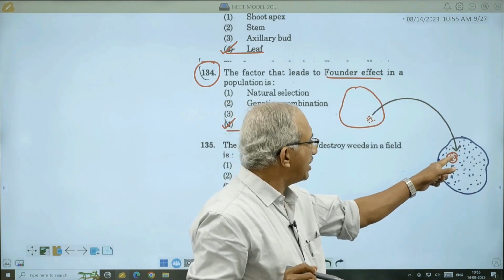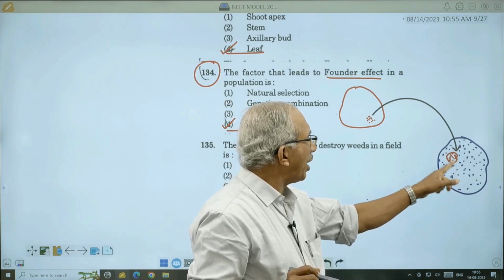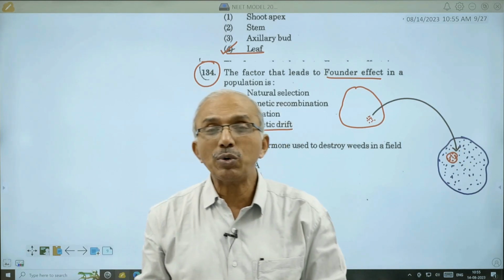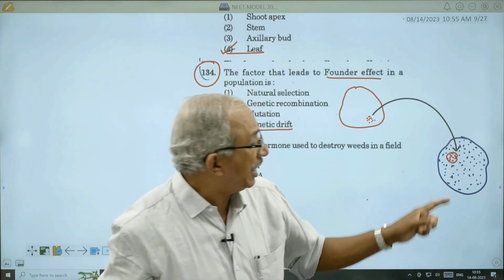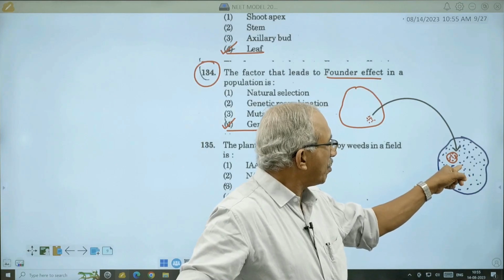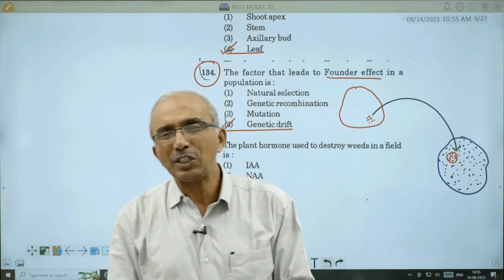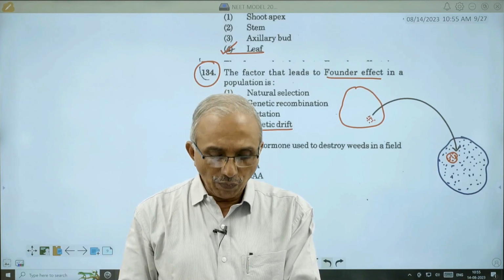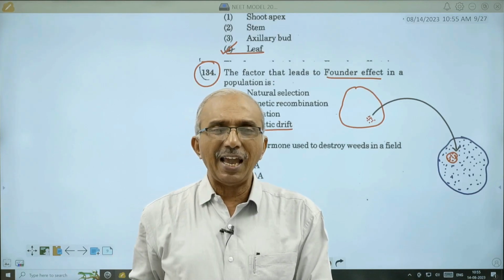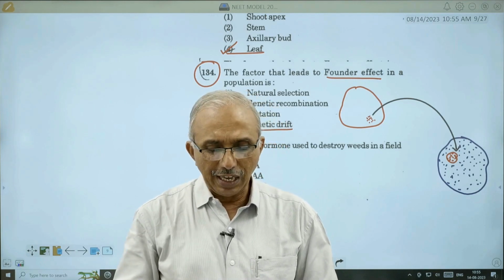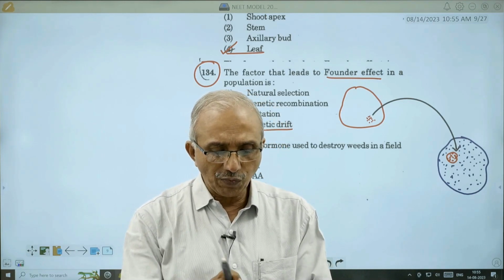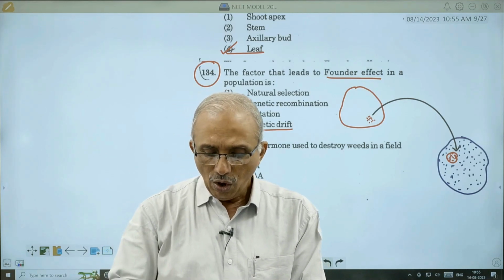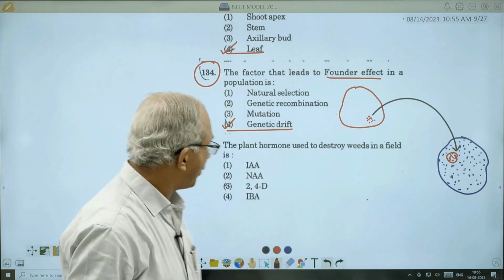These founders, through sexual reproduction with the other members of the population, bring about variation in this population. This variation is called genetic drift. So founder effect is a cause for genetic drift.